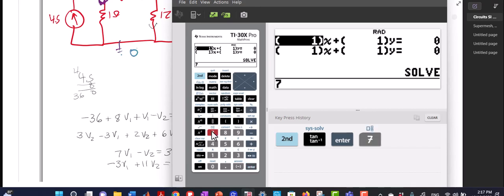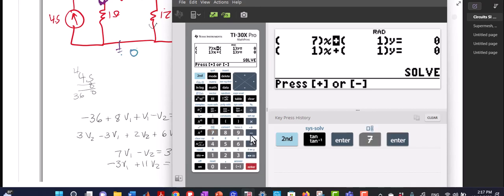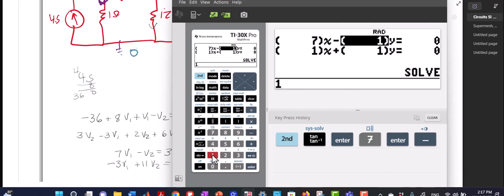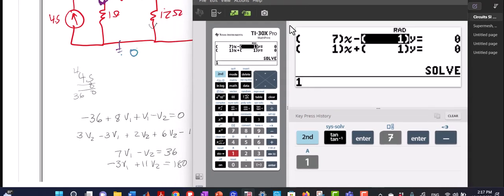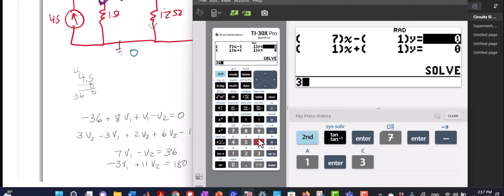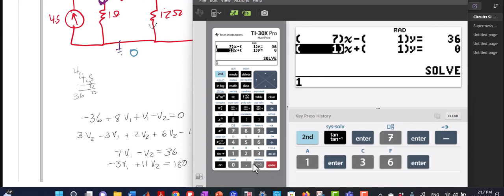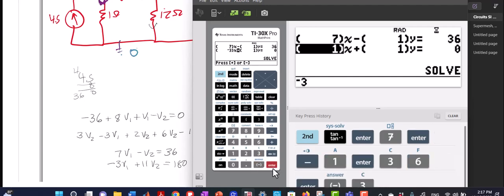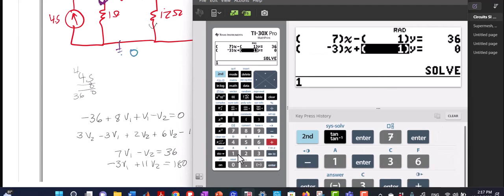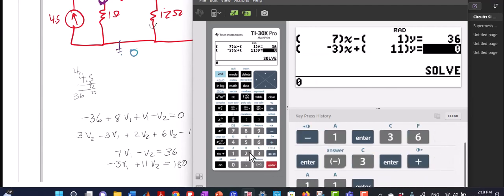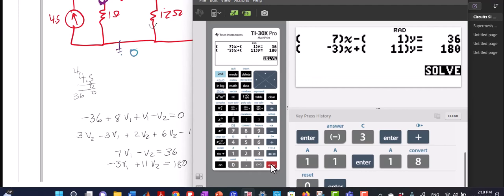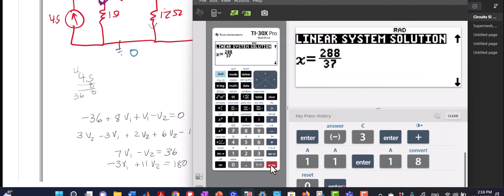And it was 7, minus 1, equals 36. And negative 3, plus 11, equals 180. Solve. That doesn't look promising. So I have some mistake somewhere.